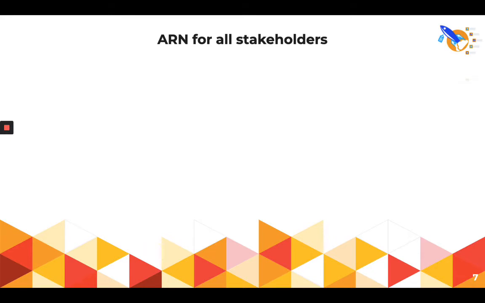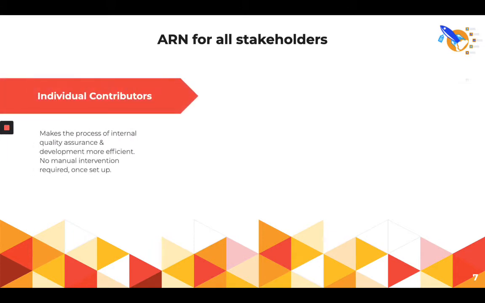Automated release notes is meant to address the needs of all the stakeholders in the software development process, right from the individual contributors who are part of your software development team. Internally, I'm sure your teams are communicating with each other as releases are due, about what features and bug fixes are going to be adopted into that release.